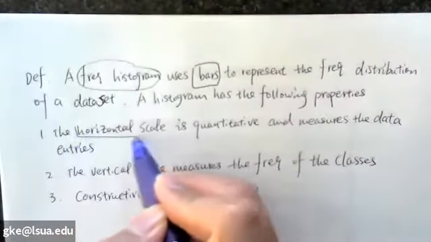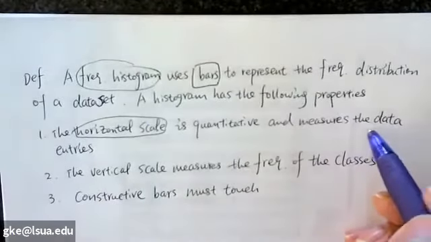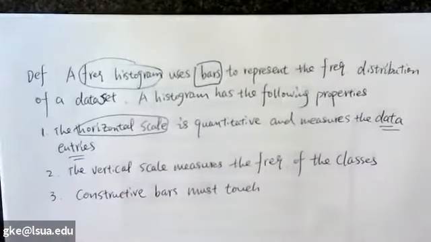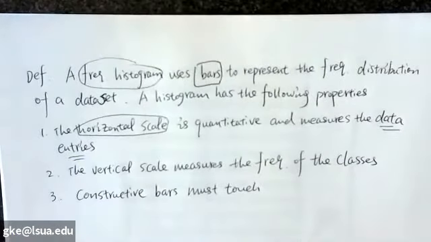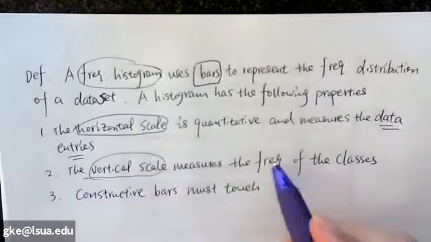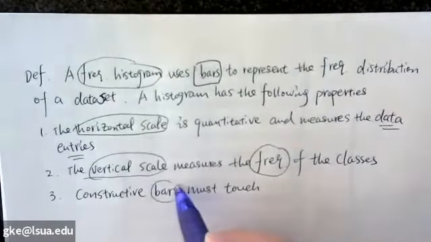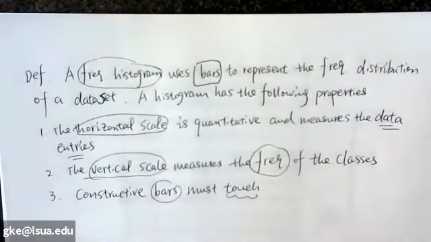The horizontal scale measures the data entries. And the vertical scale is always about frequency. And the third property, the bars should touch each other.